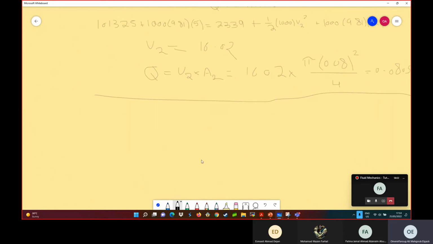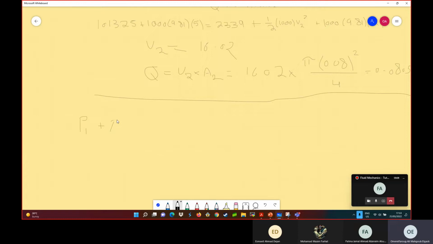Okay, again, we can apply Bernoulli equation. We have P1 plus half rho V1 squared, oh, I keep writing this term. There's no velocity at point 1. Sorry.